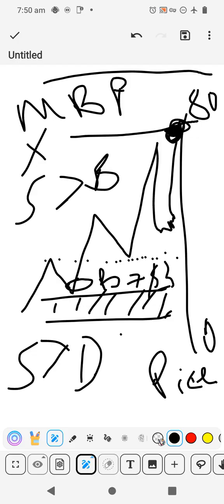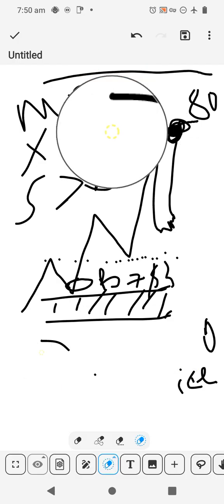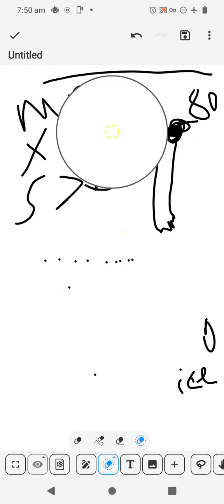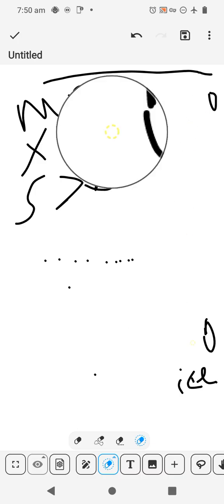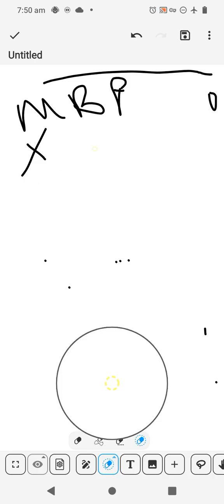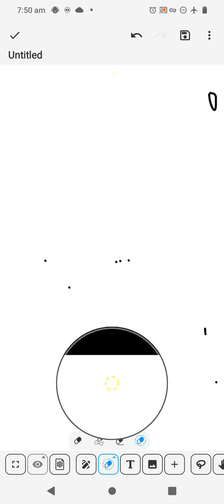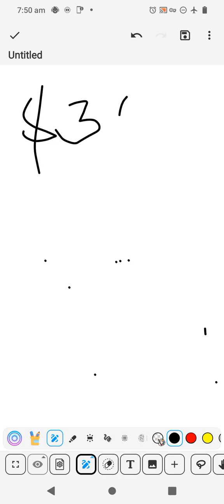Let me first delete most of this. So if someone bought at $3 for product X at time T, right?